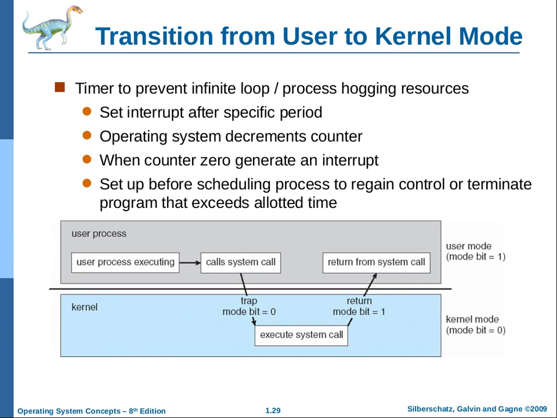Maybe it can handle it, maybe it can't. If it can't, your program's going to wait a while until it finally completes. When it completes, it's going to return from the system call with what you're allowed to see. So there's this hard division here, basically an interface between the user process and your hardware.